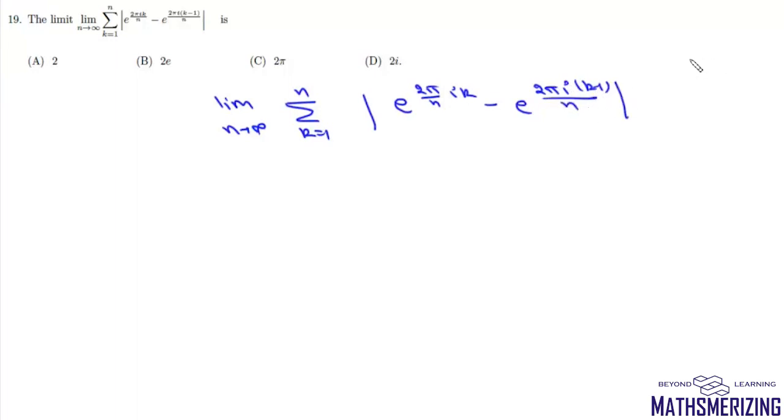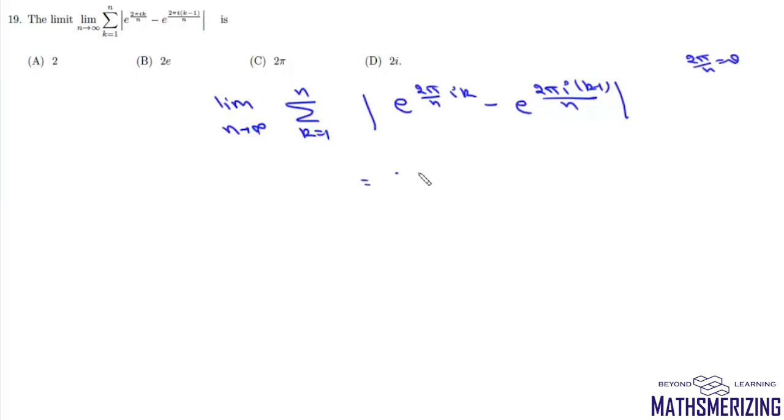Now question number 19: we need to find this limit, which is the limit as n tends to infinity of the summation, k varying from 1 to n, of |e^(2πi k/n) − e^(2πi(k−1)/n)|. Now for the sake of brevity, we'll write 2π/n as θ.